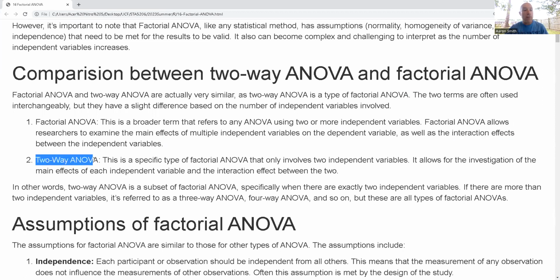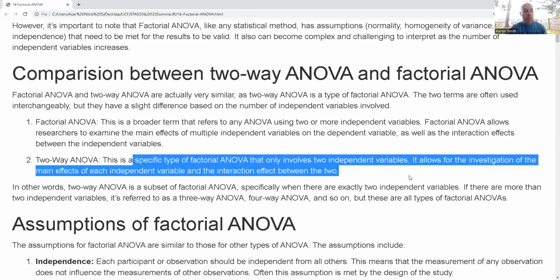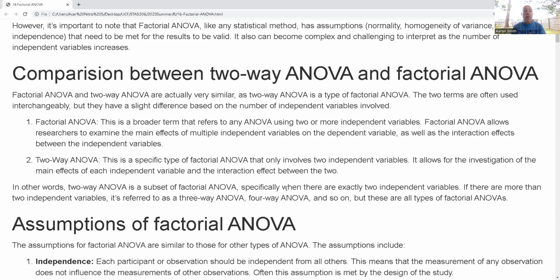Two-way ANOVA is a specific type of factorial ANOVA that only involves two independent variables. It allows for the investigation of the main effects of the two independent variables and the interactions between them. In other words, two-way ANOVA is a subset of factorial ANOVA, specifically when there are exactly two independent variables.